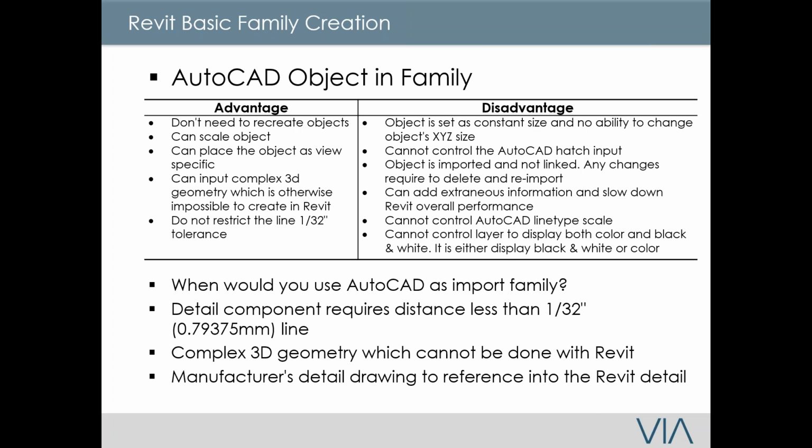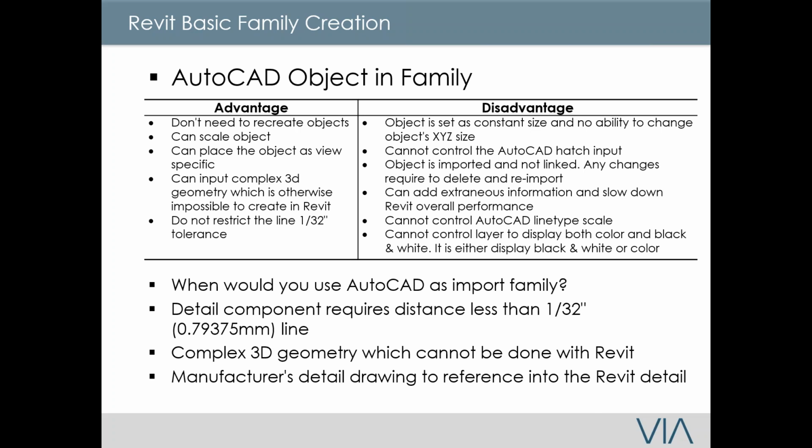So one thing you have to know is that if you import AutoCAD objects in, you can actually size them. You can say, I want this size to be 2x or half size, so 0.5.